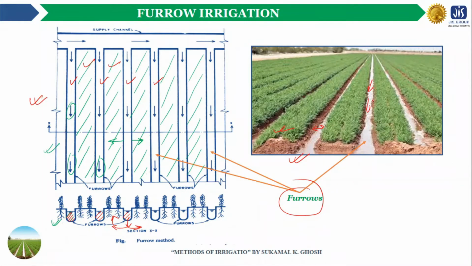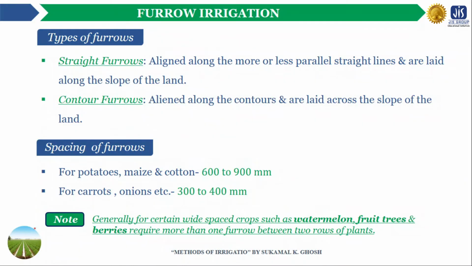The furrows may be classified on the basis of their alignment into straight furrows and contour furrows. The straight furrows are aligned more or less parallel to straight lines, and are laid along the slope of the land. Generally, straight furrows are best suited where the land slope does not exceed 0.75%.